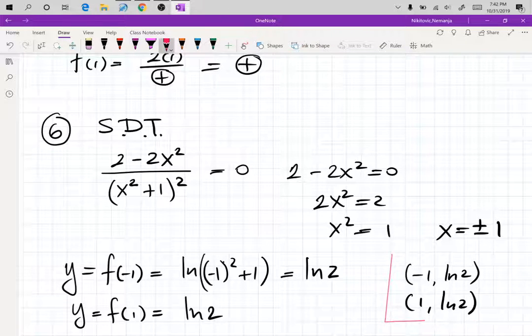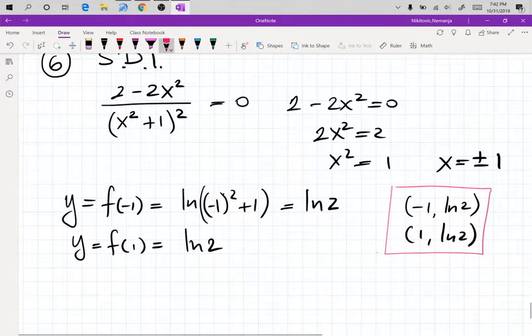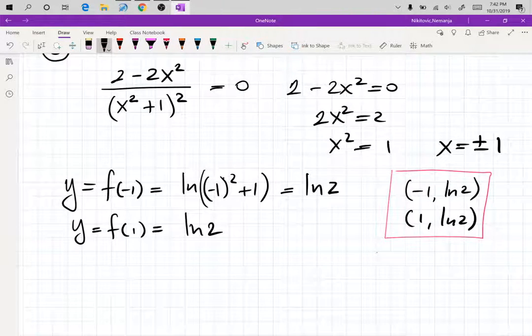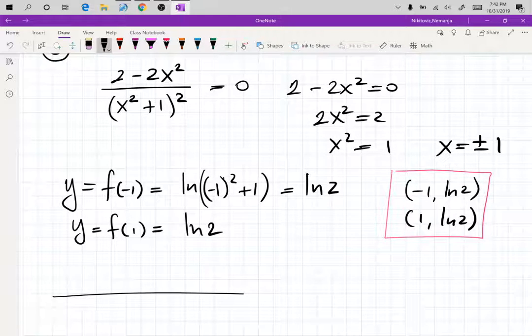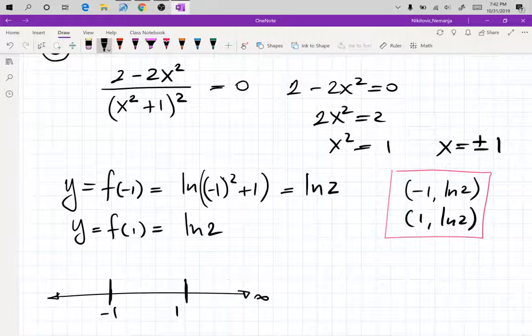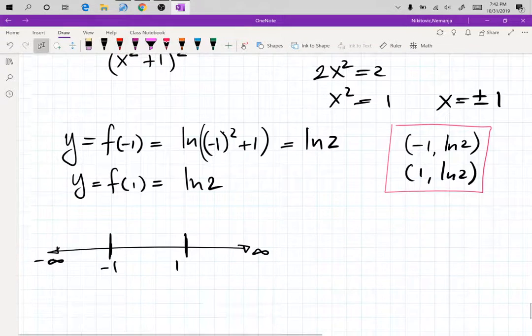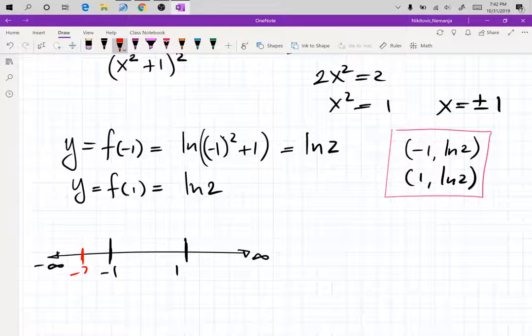These are the points that we graph on the graph. Partitions. We have 2 values, negative 1 and 1. And we have test points negative 2, 0, positive 2.